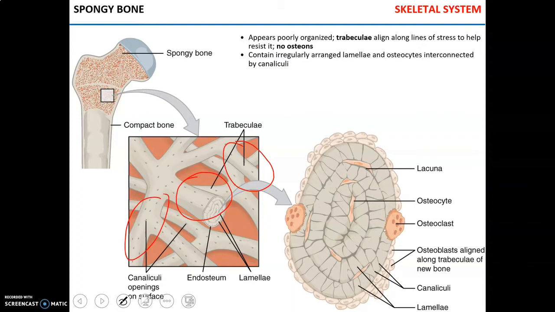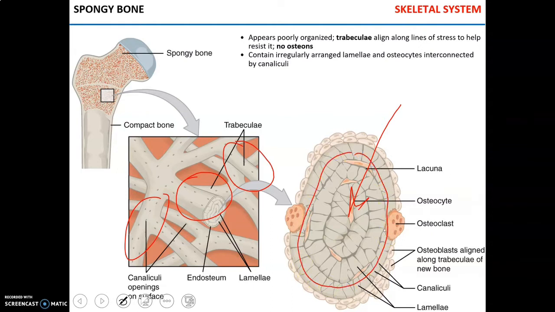An interesting feature in the difference of compact bone compared to spongy bone is that while in compact bone you do have osteons, in spongy bone there are none. No osteons, no central canal. They still have lamellae right here.